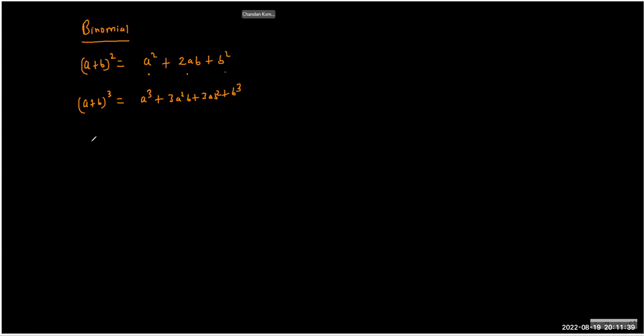Now this way of writing is okay up to 2 or 3, but if we want to write something as a general power of n, where n is some integer, and of course a positive integer, so n belongs to the positive integers. That's I for integer, plus for positive integer, and this is the sign for belongs to.